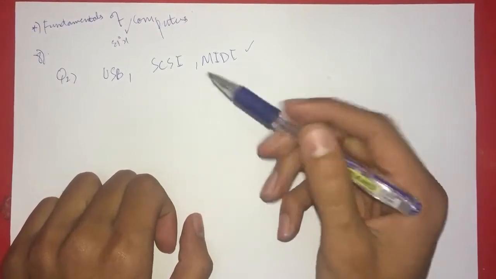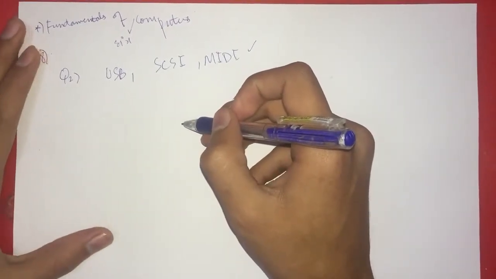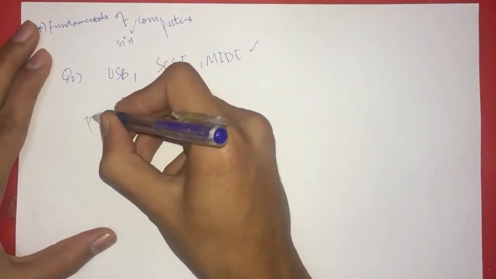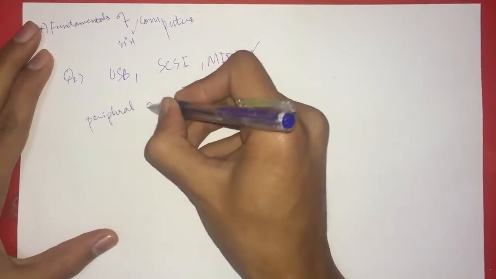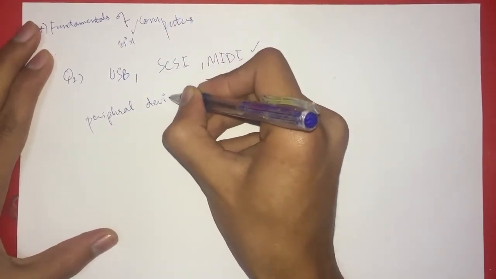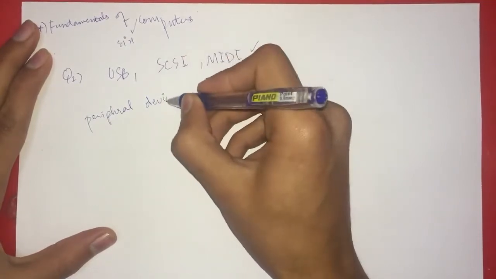So what is a USB port? A USB port is any port which lets you connect any peripheral device that has a cable that can be connected to a USB port.